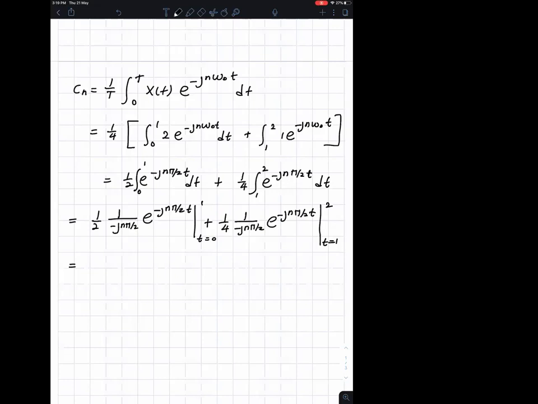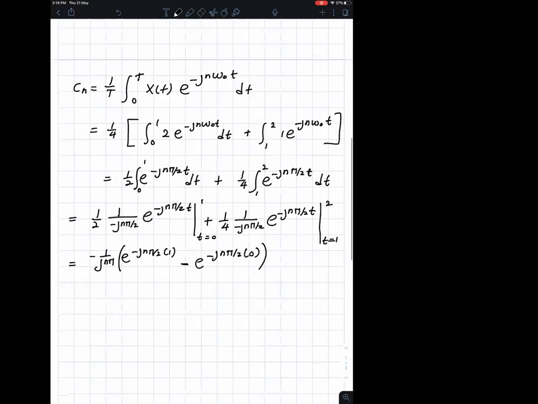So this is going to be minus 1 over jn pi, e to the minus jn pi over 2, upper limit, which is 1, minus the lower limit, which is 0, close parentheses.